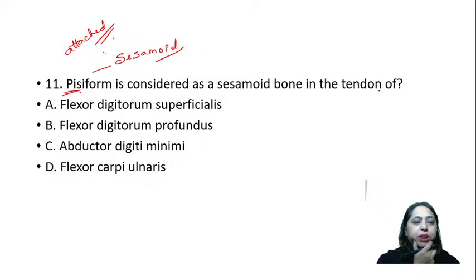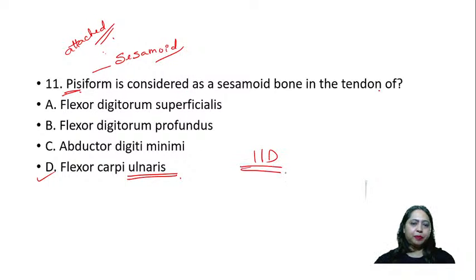D. Abductor digiti minimi, flexor carpi. Yes, D. Suman says it is D. Yes, your answer is correct. Flexor carpi ulnaris. There is nothing much to discuss because we all know it is ulnaris. 11th one is D.